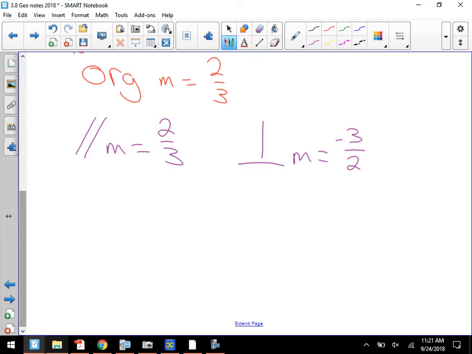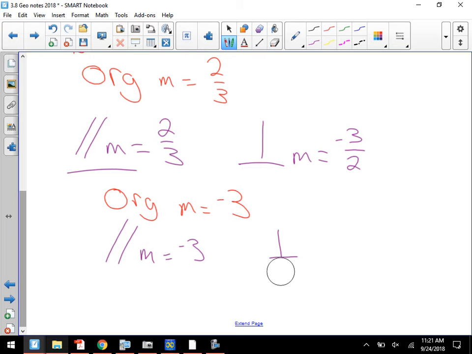A lot of times what people mess up will be when they're just regular old boring integers. For example, if I have an original slope of -3, what's parallel to -3? -3. Kind of easy. But what's perpendicular to -3? Very good.